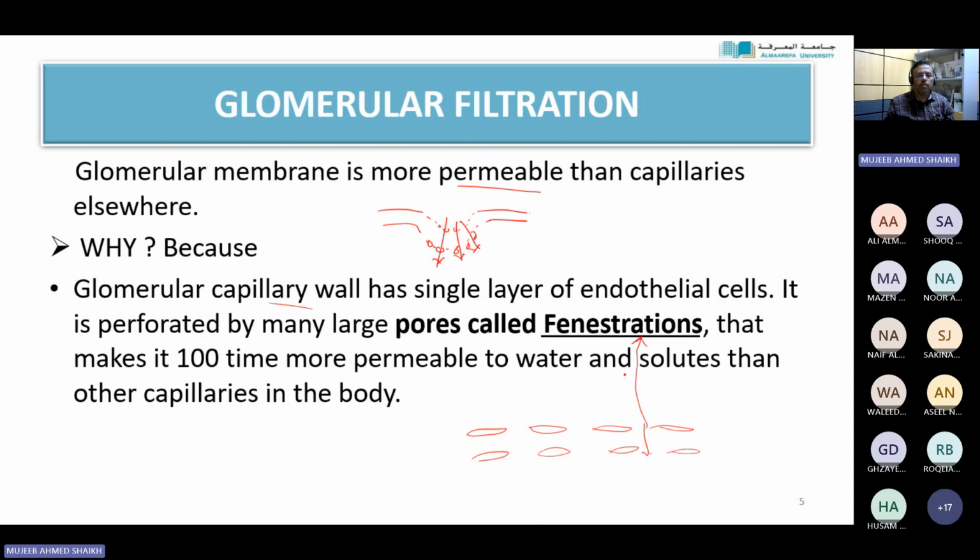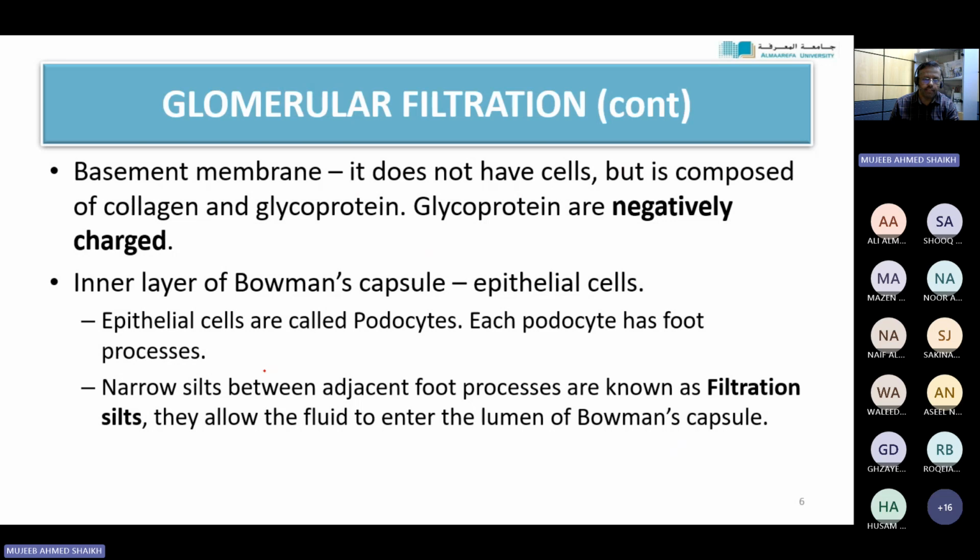These are called pores or fenestrations that make it 100 times more permeable to water and solutes than any other capillaries. Because of these gaps, it is 100 times more permeable to water and other solutes compared to any other capillary in the body. That's why it is giving you filtration.